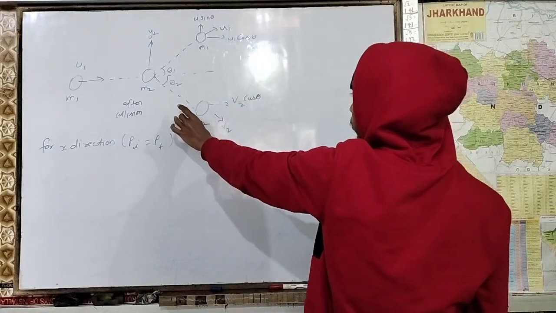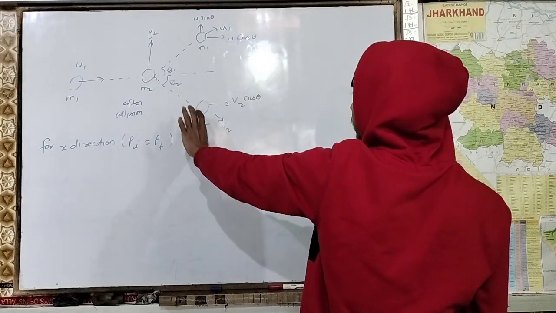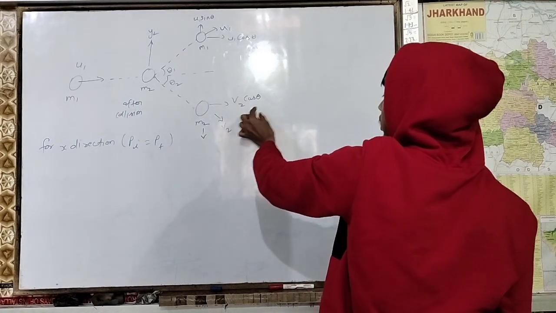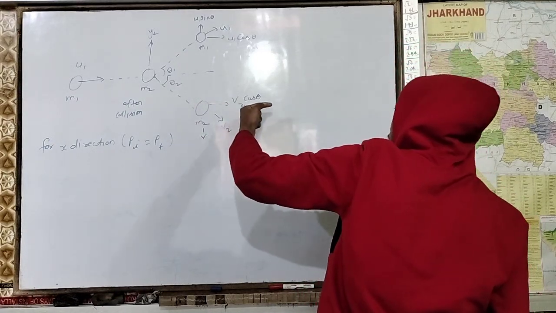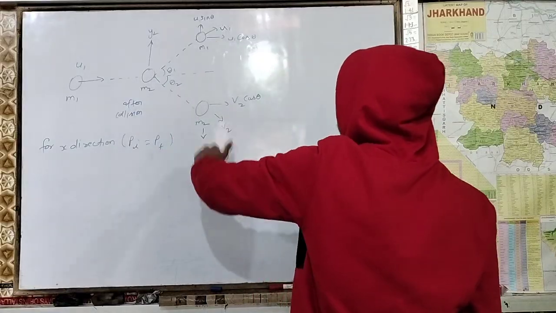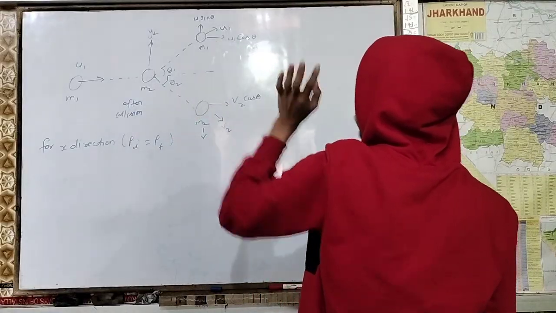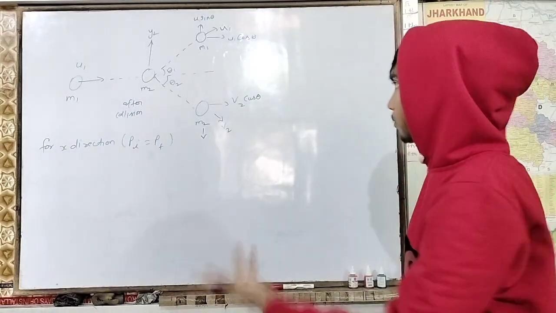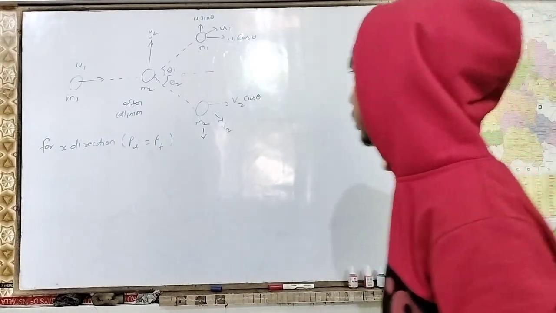And what about m2? M2 is going with v2 cos theta in the horizontal direction and v2 sin theta in the vertical direction. This v2 cos theta is our velocity, and v2 sin theta is also velocity.